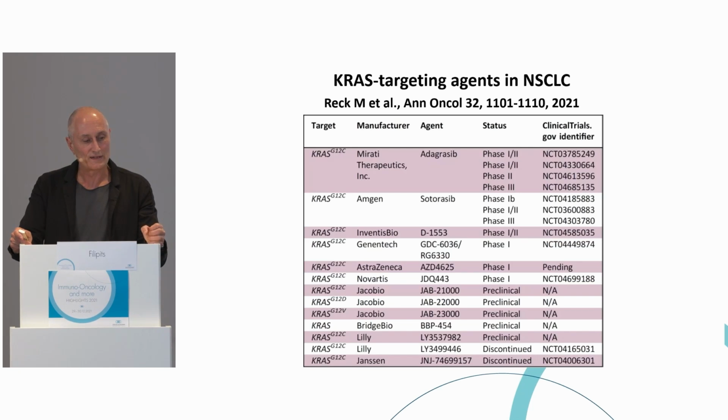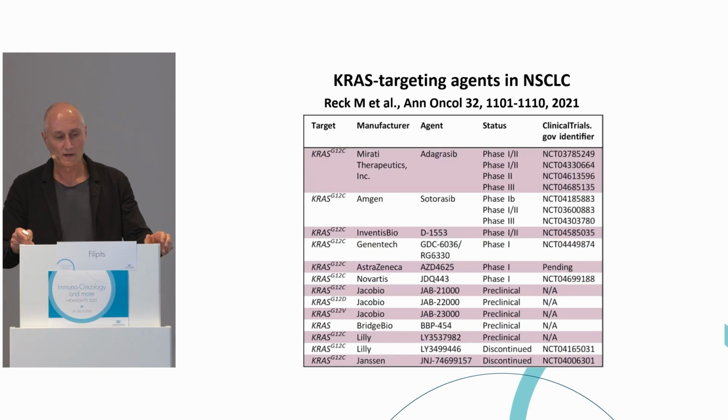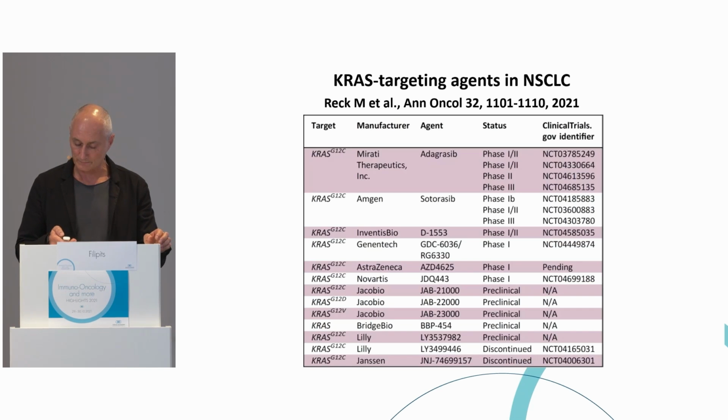And you can see the importance of this target, because many companies developed specific inhibitors for this G12C region. And the two drugs which are ahead of the others are adagrasib and sotorasib, where we have also clinical trial results available.